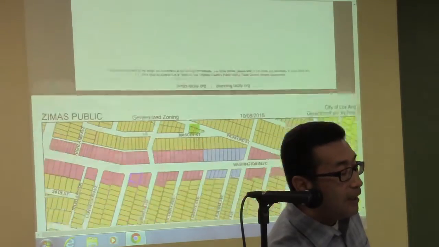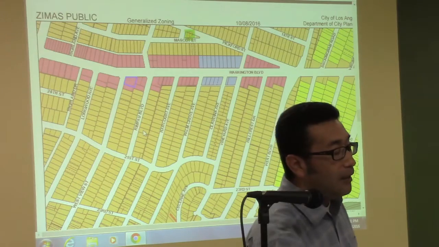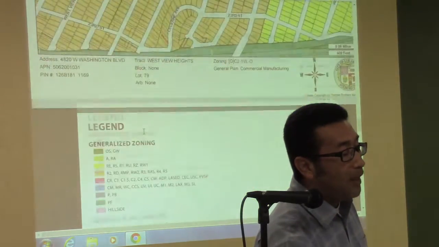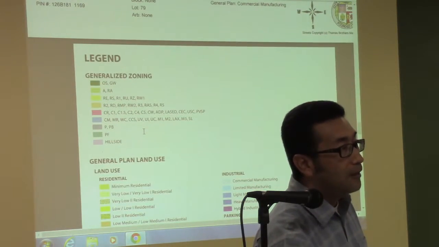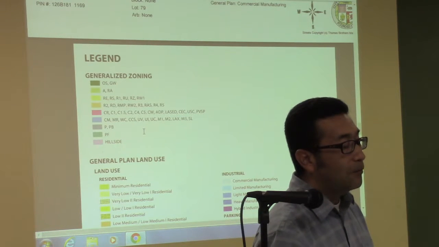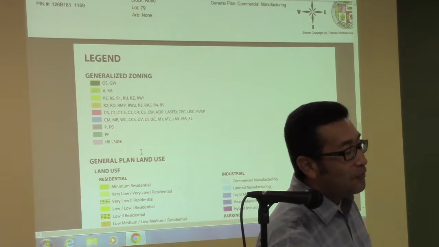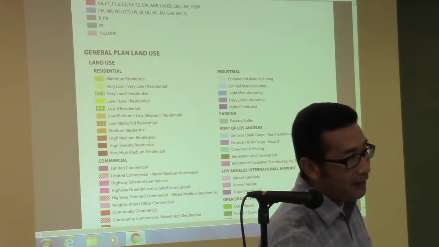Let me take you to the end, because in every report that you create, the very last pages become kind of repetitive. If you print a lot of reports, your printer might run out of ink. So make sure that when you print it, you don't print the legend all the time.